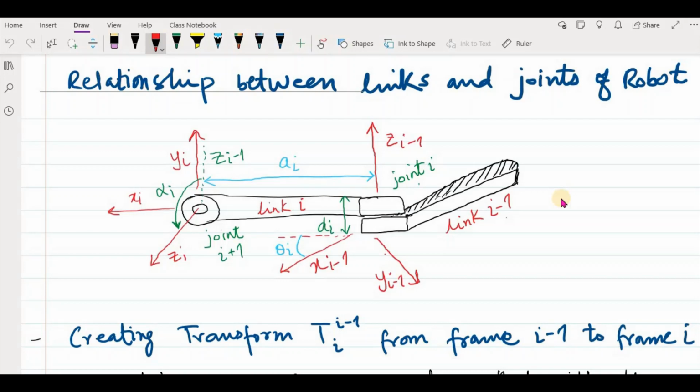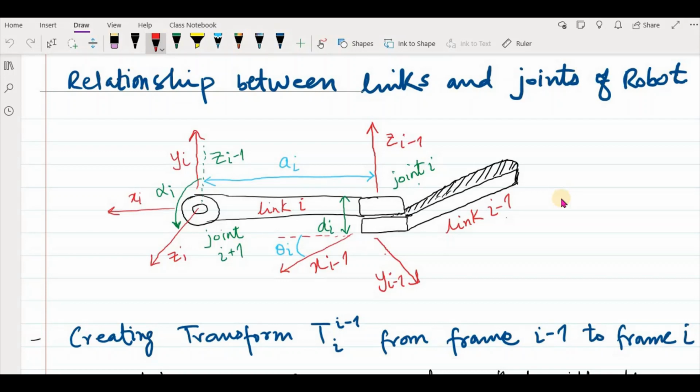That's what we are looking for. This is your initial frame i minus 1, and this is your final frame, or the next frame. Because this frame is rotated and translated with respect to this frame, what we are looking for is to develop a method that can transform this frame into this frame, that can tell us the position of this frame in the previous frame.